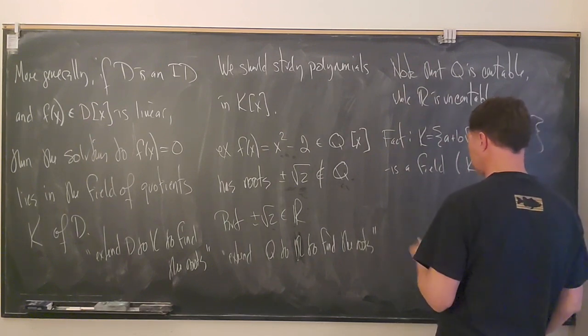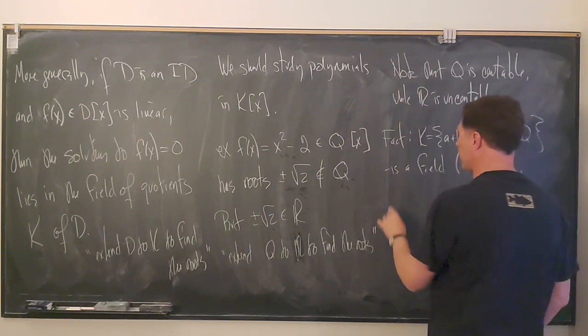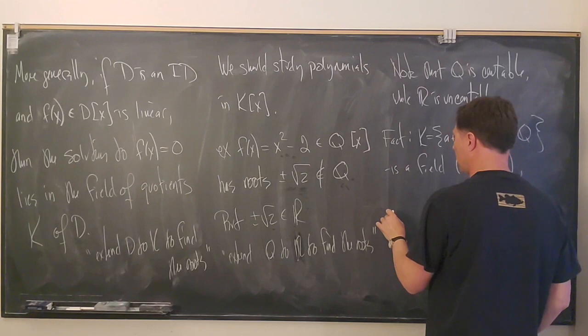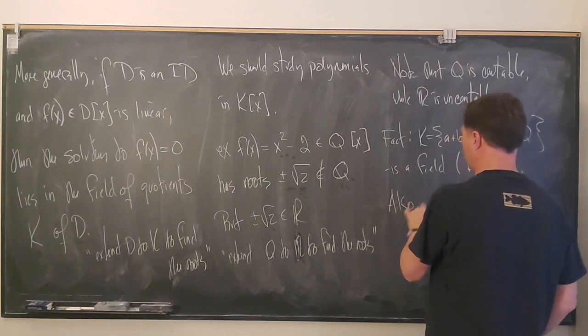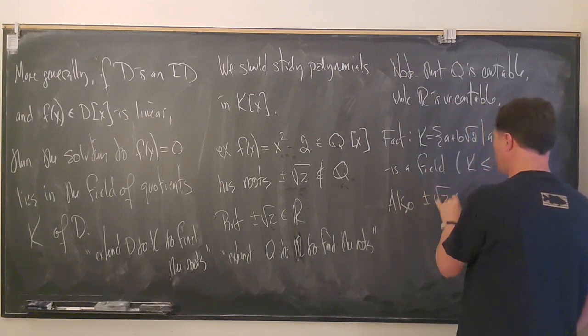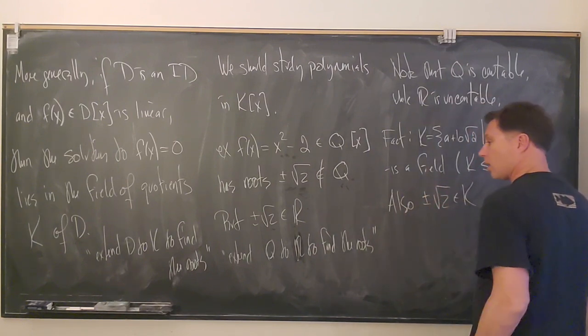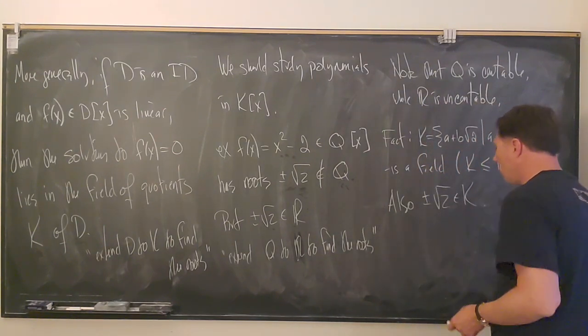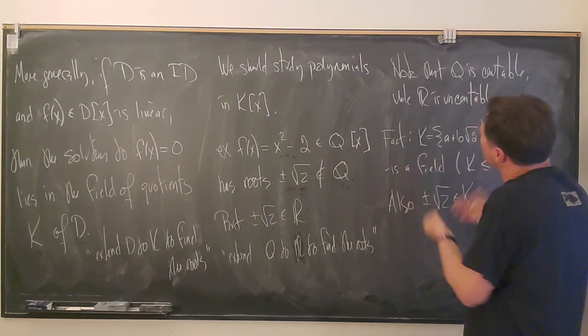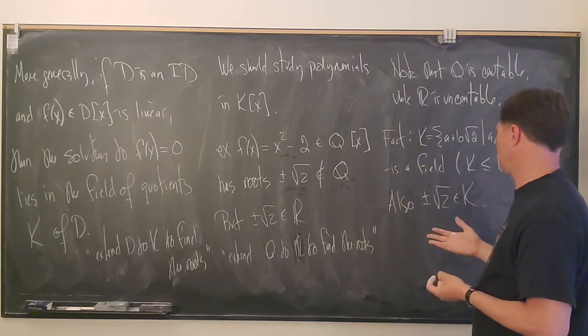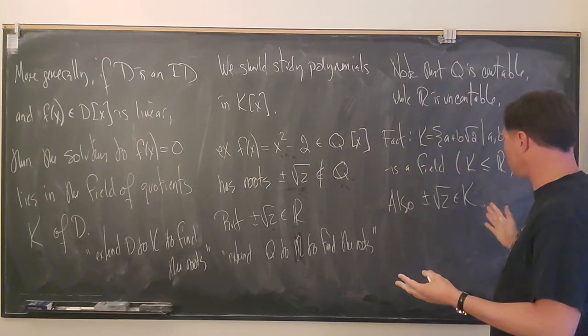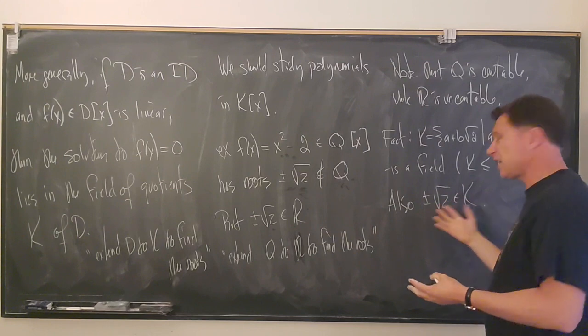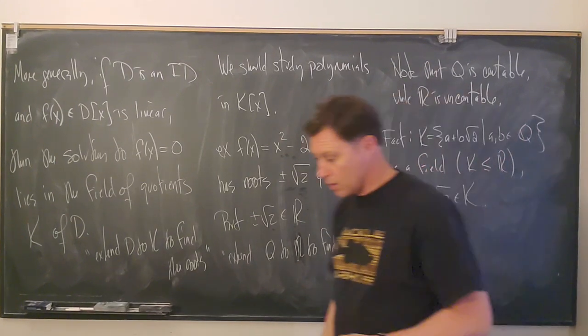So this is a field, and it contains Q. Also, obviously, plus and minus root 2 live in K. So here is a more efficient way of expanding Q to get a place where the roots live.